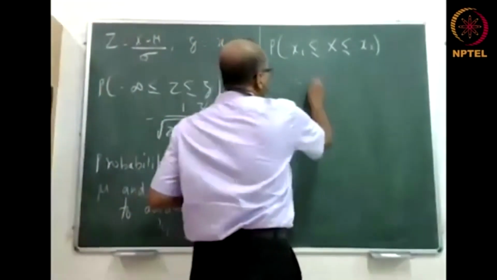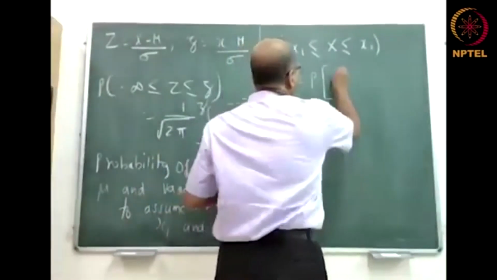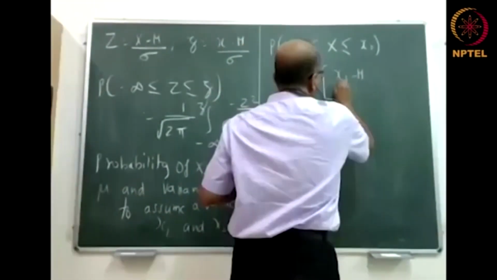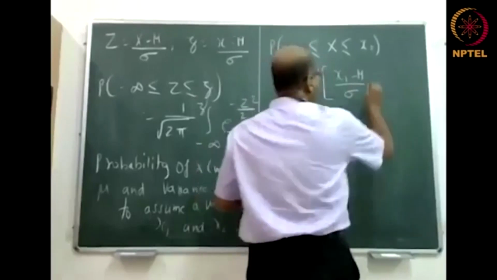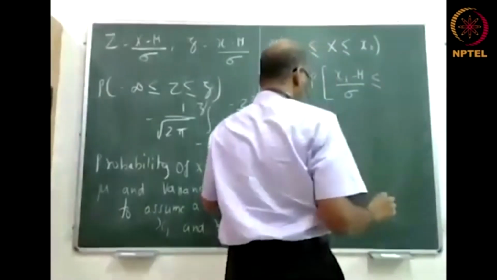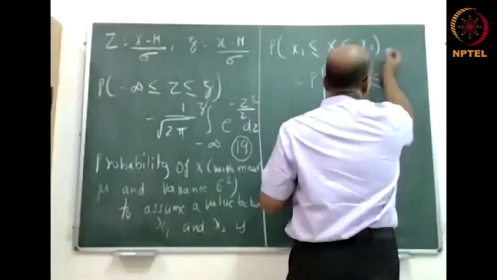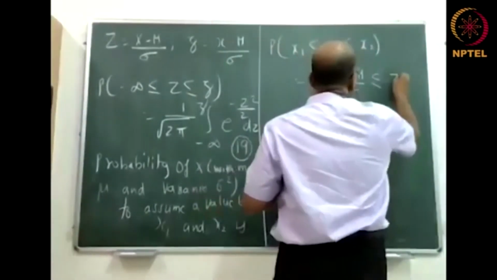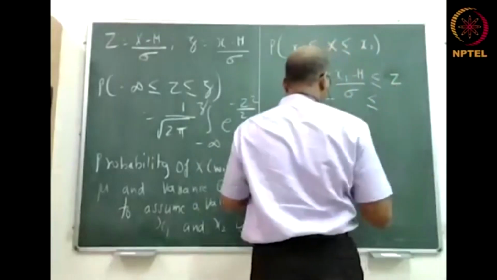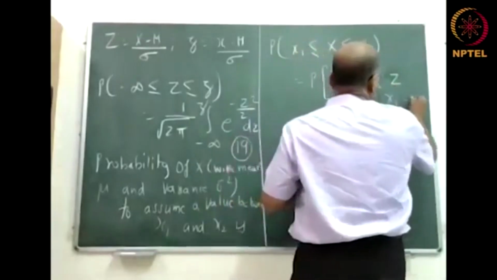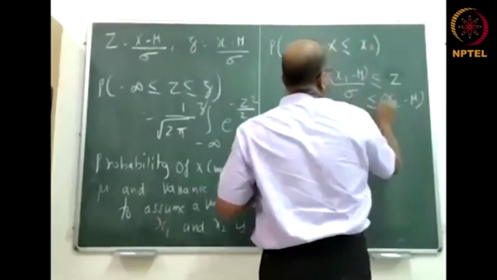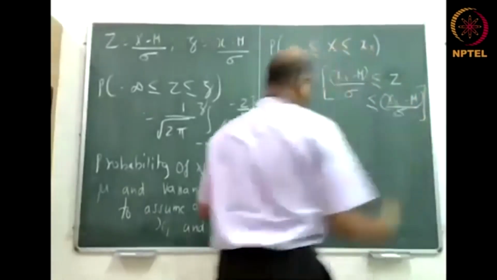Okay, so this is P of Z1 less than or equal to Z less than or equal to Z2. Did I write it properly?